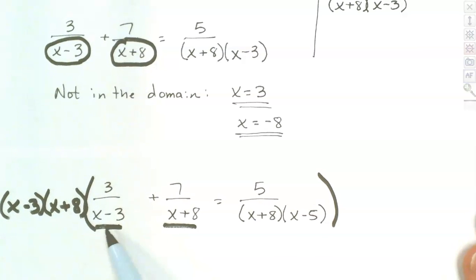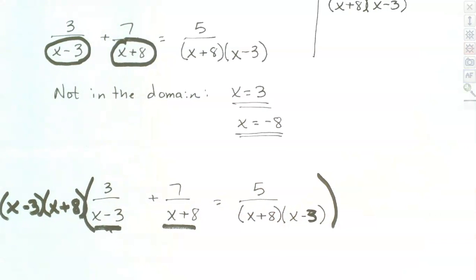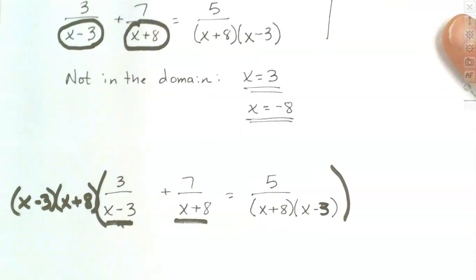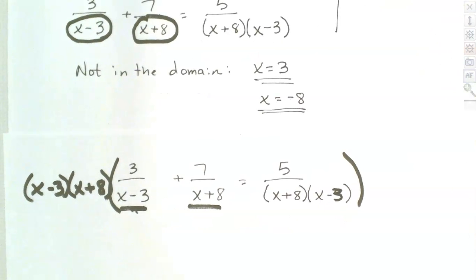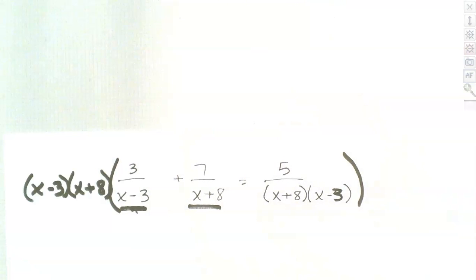Because that's going to get rid of that one, and that one's going to get rid of that one. And then, let's see, did I factor something down? Yeah, I think I wrote down one. It should be a 3, not a 5. Sorry about that. My mistake. Okay, so that's going to be a 3 there. So that'll get rid of all of our fractions, won't it? Now let's see what we're left with.